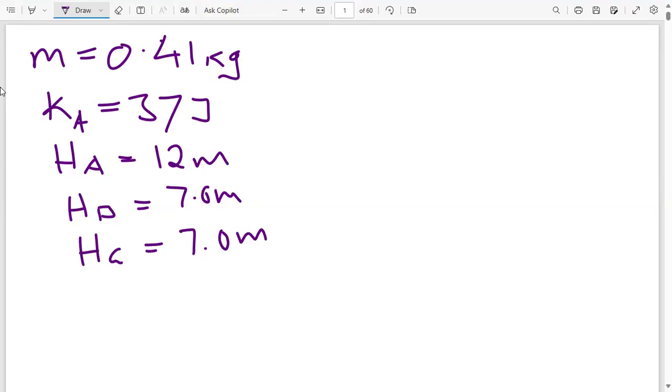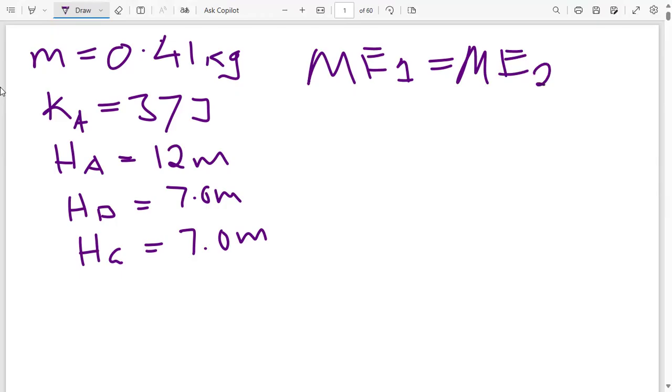So what do we mean? That means we have mechanical energy at point 1 should be equal to mechanical energy at point 2. And what makes up mechanical energy?